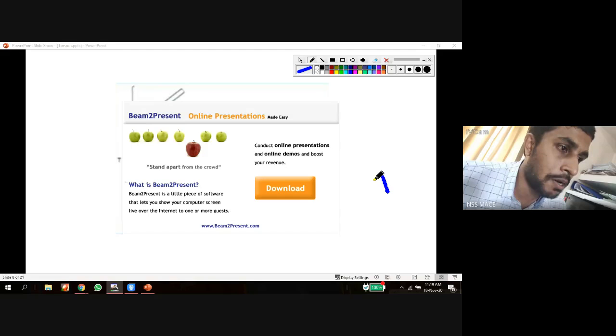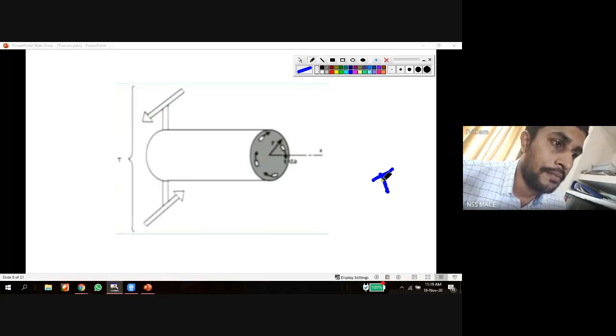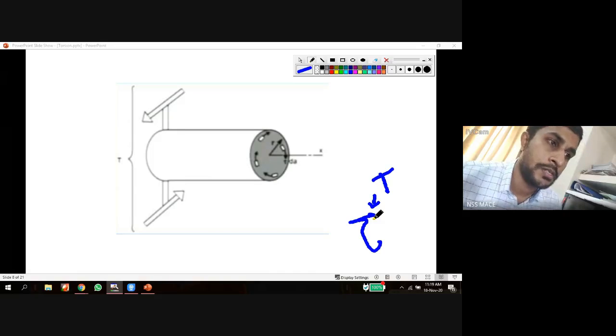When I apply a torque T across the cross section, shear stress is developed. What is the relationship between this shear stress and the torque? Next, I am going to derive that relationship.